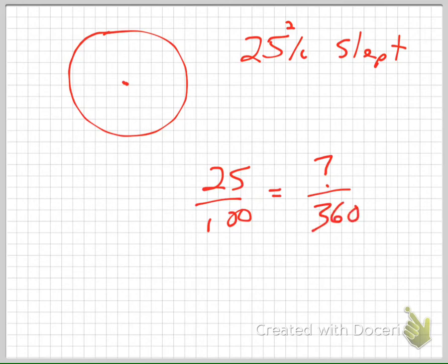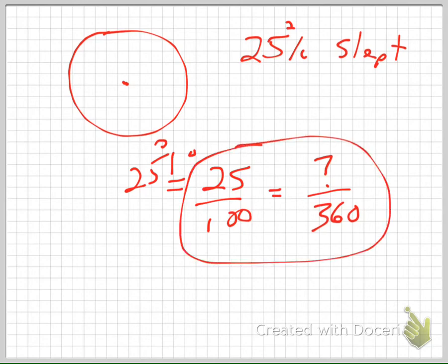Does that make sense? I would write this down right now. So you go 25% equals, and this is how you would do it. You'd say 25 over 100 equals x over 360. Okay, so then how do you do this? How do I solve this? Do you remember? There's lots of ways.